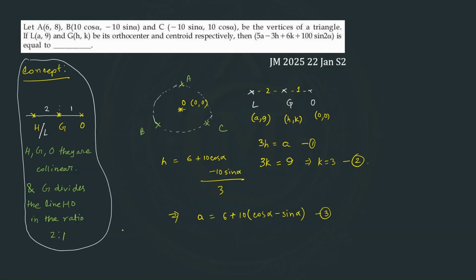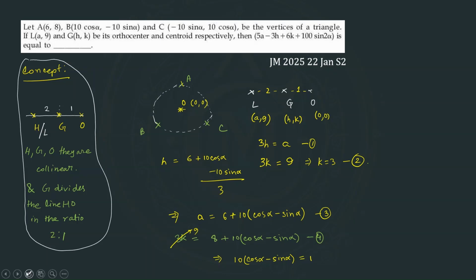Similarly, by the y coordinate, 3k will be the sum of all these three y coordinates, that means 8 plus 10 into (cos alpha minus sin alpha). So this is our fourth equation. Now this 3k value is known to us, which is 9. That means we can write this as 10 times (cos alpha minus sin alpha) is equal to 1.